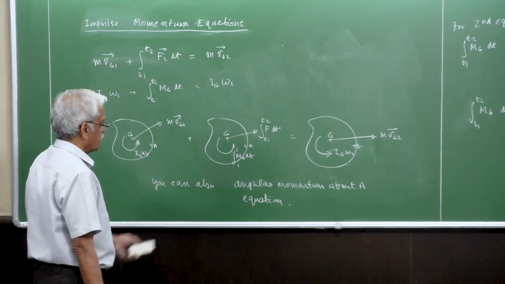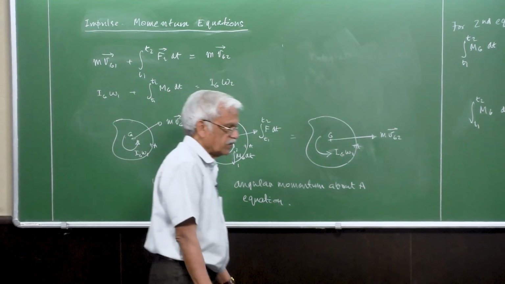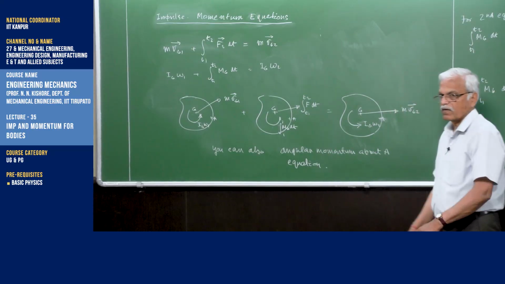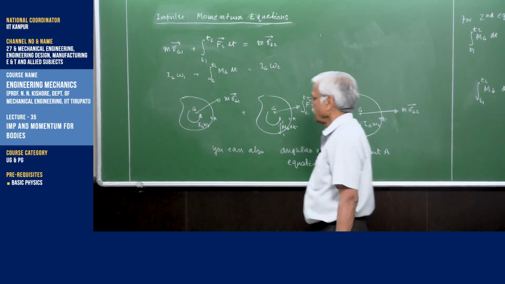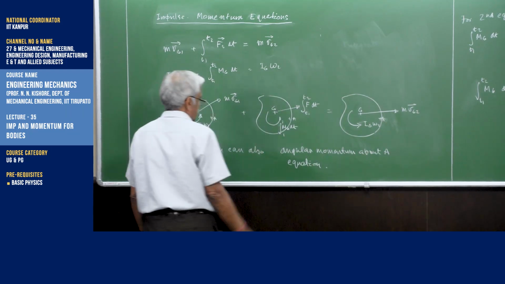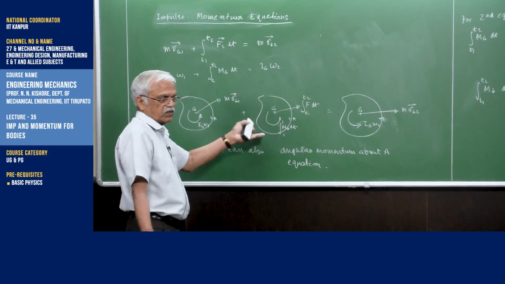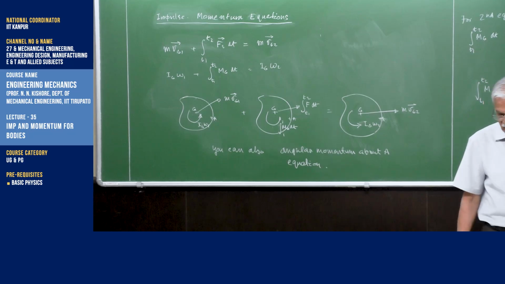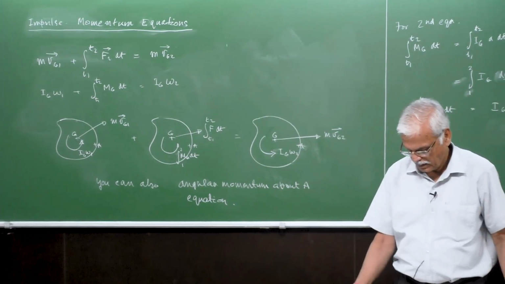Okay, so you can also use the angular momentum about A equation. So that is the beauty of showing it in the form of a figure, just like a free body diagram. Here we are showing the free body diagram. It's essentially a free body diagram. In fact, if you have connected bodies, you can even isolate the free body and you can apply this linear momentum equation.